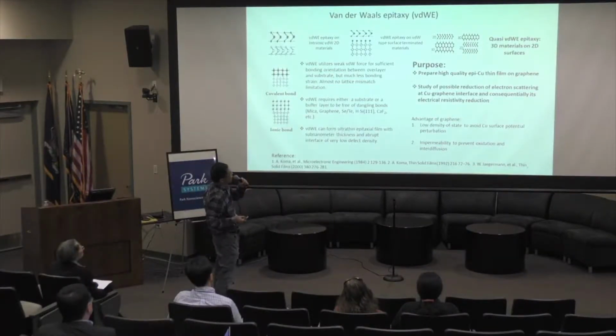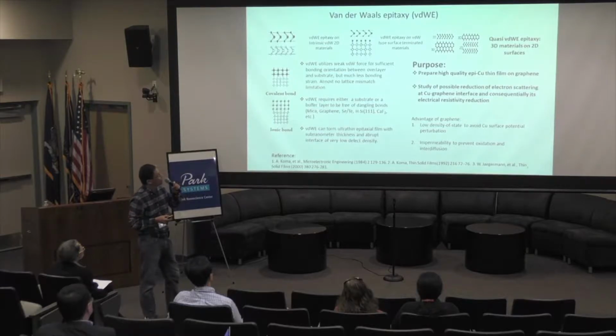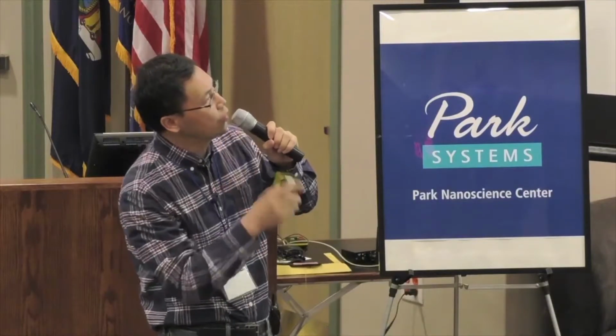And the last one is called the Quasi van der Waals epitaxy. Basically, it's 3D materials grown on 2D surfaces. This 3D material is not necessarily free of dangling bonds, but it still can grow on the 2D materials.